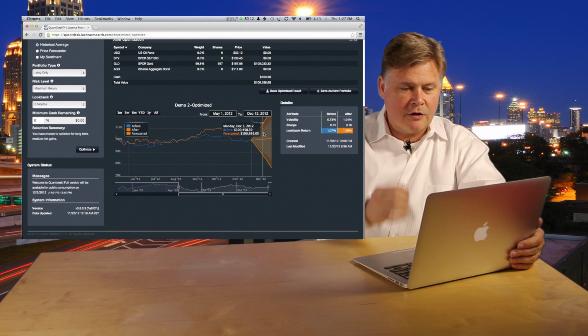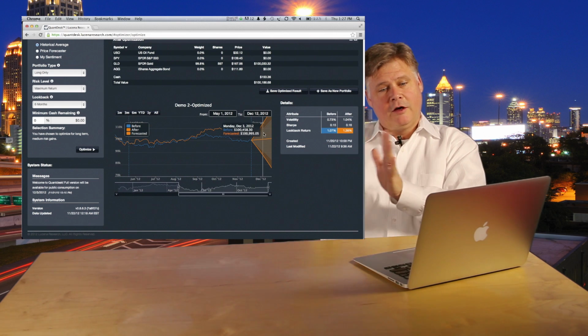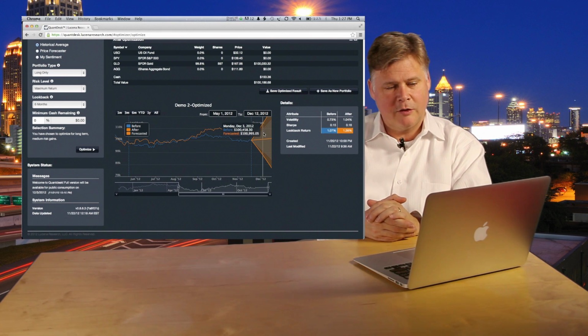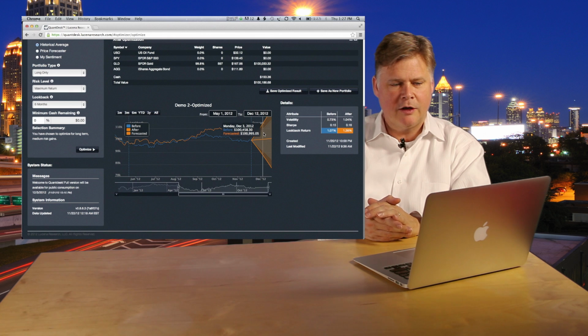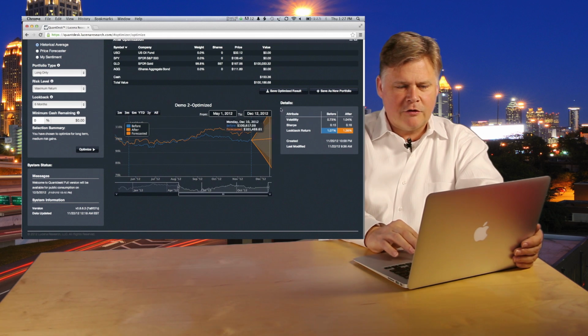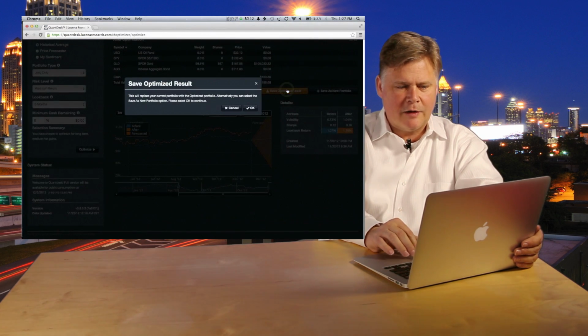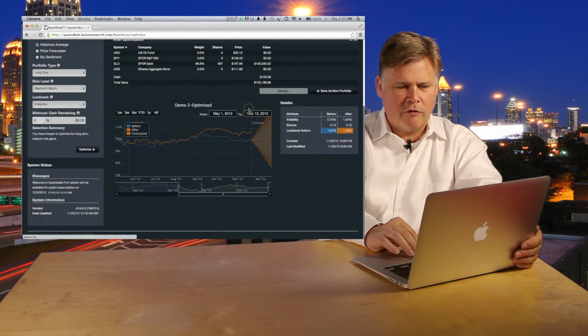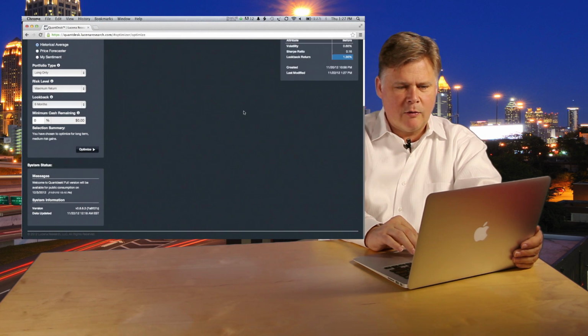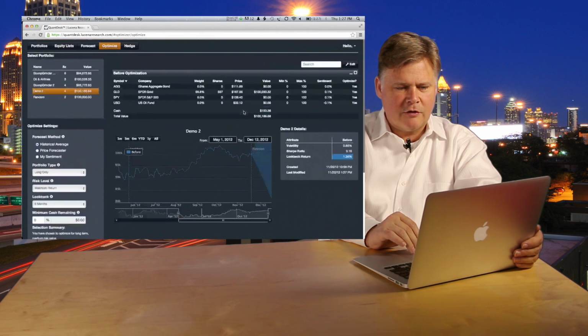And the volatility going forward is forecast to be more volatile than what we had been in already. Okay, we'll save that. So our new portfolio now that we're working with essentially has everything in GLD.